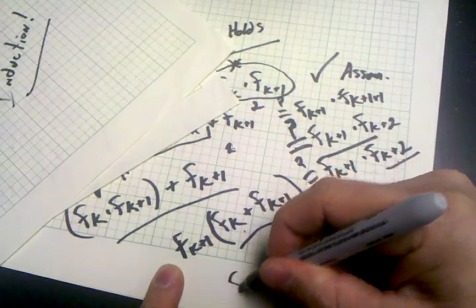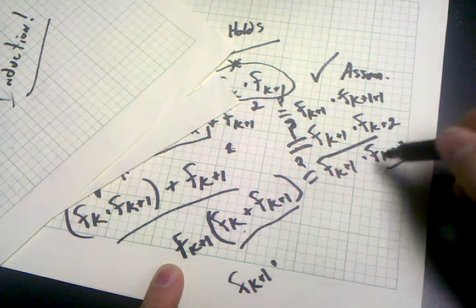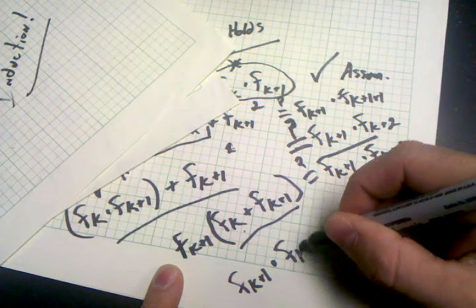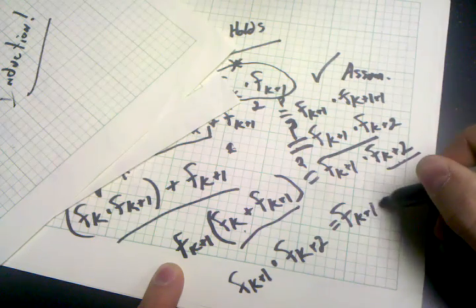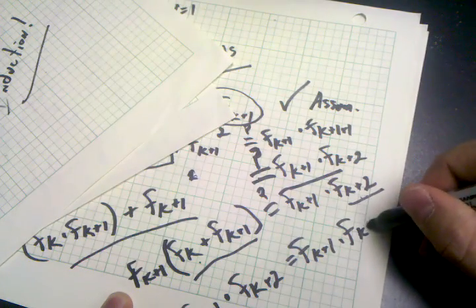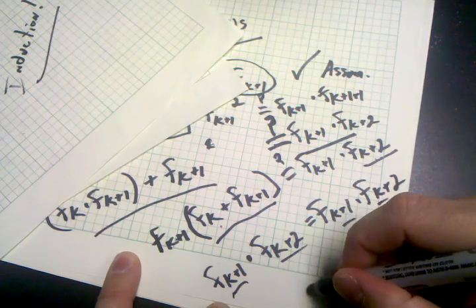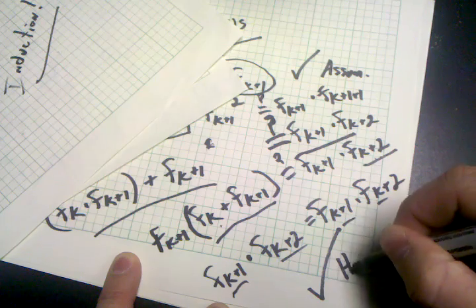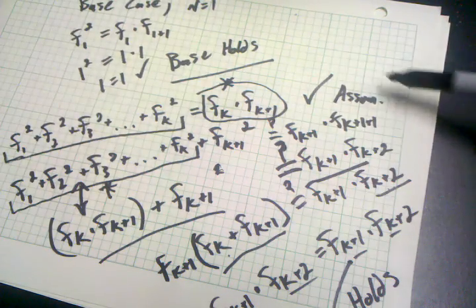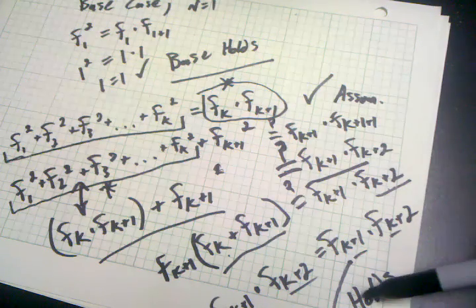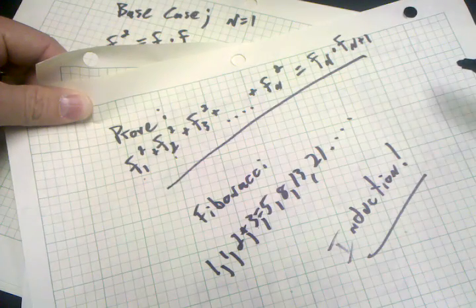So we can say now f sub k plus 1 times, these two are the same, so I'll write them as the same, f sub k plus 2 equals f sub k plus 1 times f sub k plus 2. Obviously these terms are the same and these two terms are the same, so check, that holds. And if we assume one to be true and then show that anytime one is true, the next one is true, by mathematical induction, we have proven our initial case. Thanks for watching.